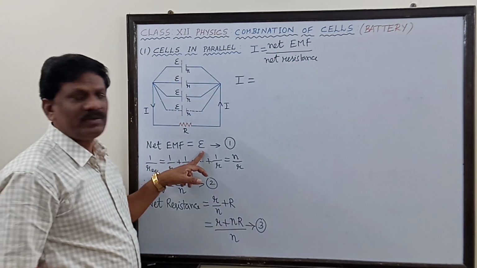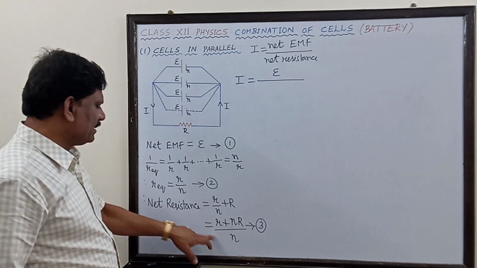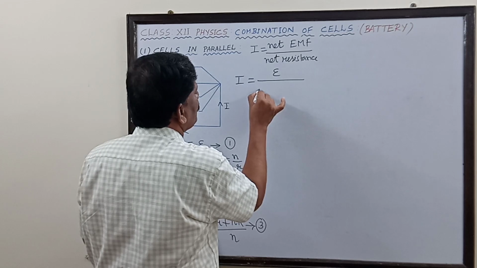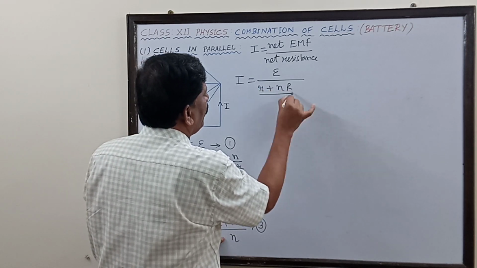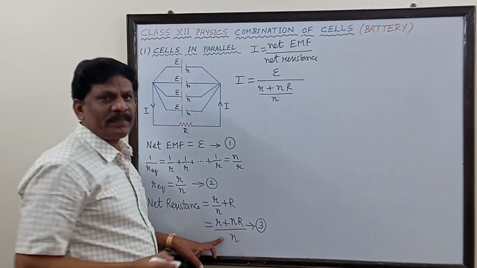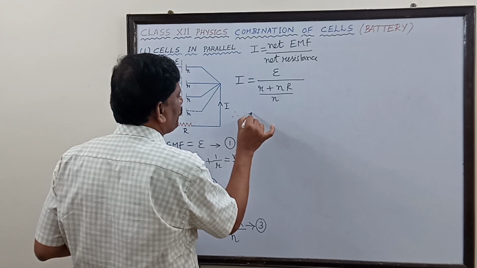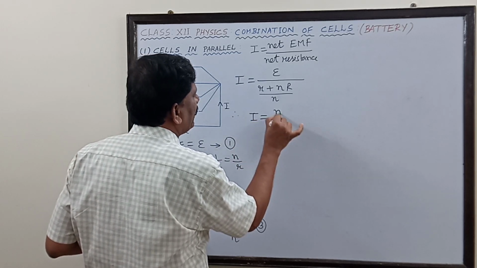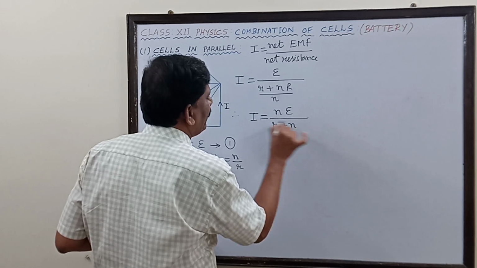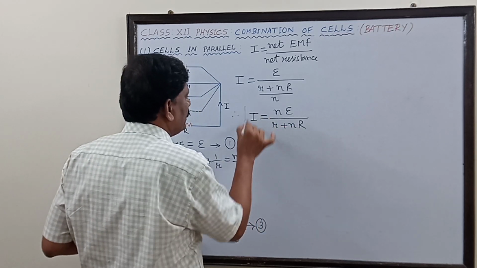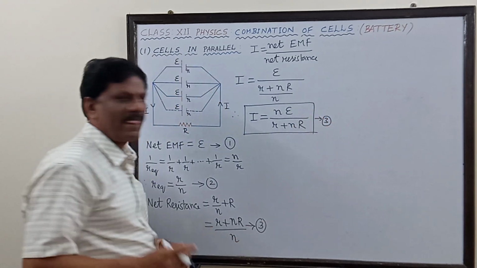Net EMF is also equal to the EMF of a single cell E, divided by the net resistance, which is small r plus n times capital R, whole divided by small n. Now this denominator n can be shifted to the numerator. Therefore, the final expression for the effective current is equal to n times capital E divided by small r plus n times capital R. So this is the required equation number 3 for us.